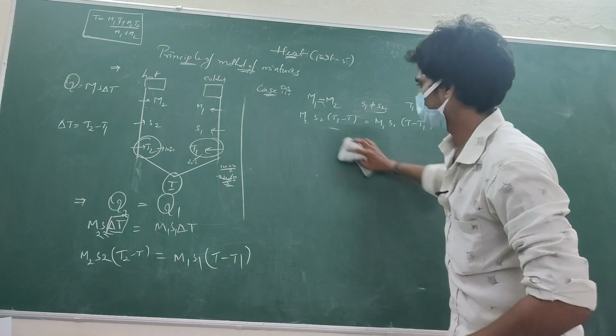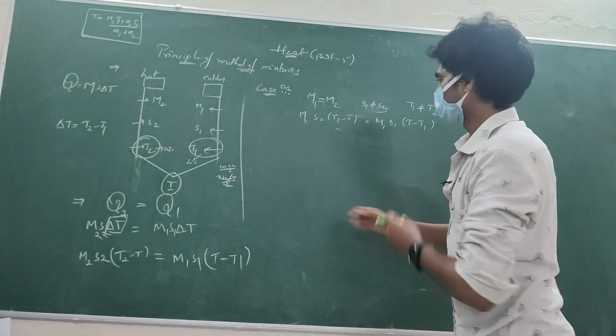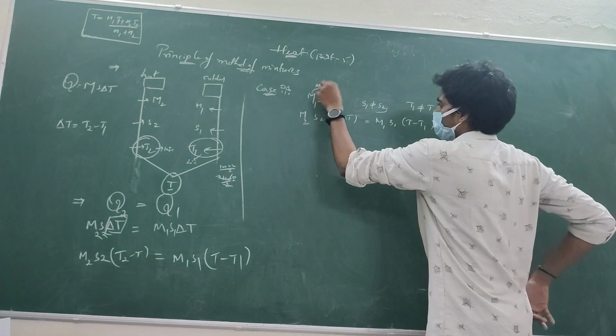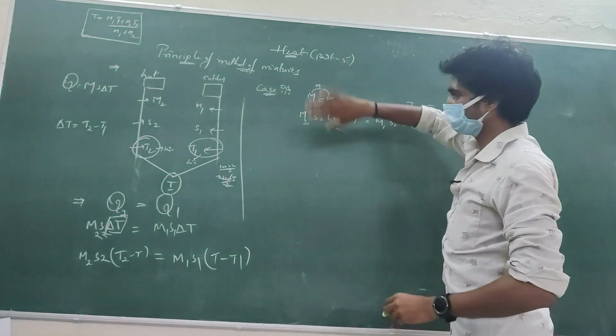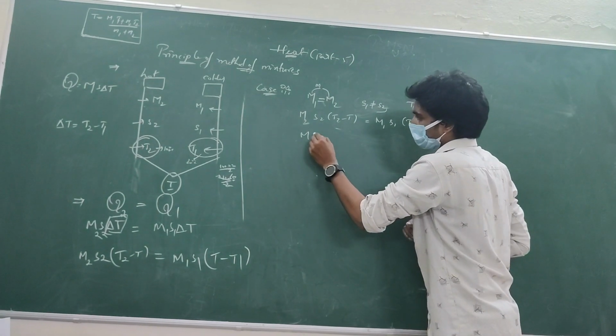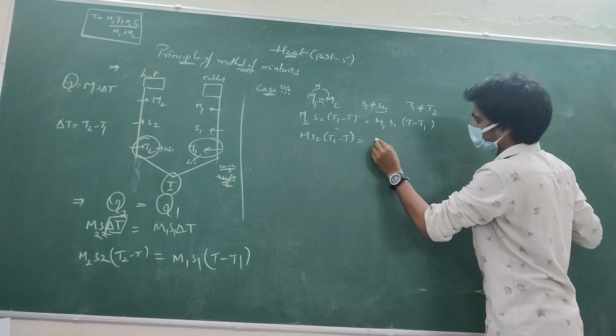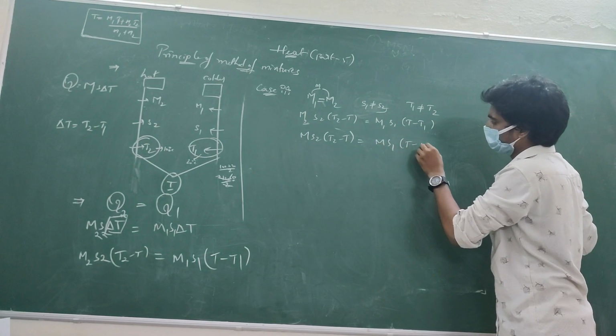If you observe this case, here masses were equal, right? I'll put only m in place of m1 and m2. Now it becomes m s2 into t2 minus t is equals m s1 into t minus t1, right?